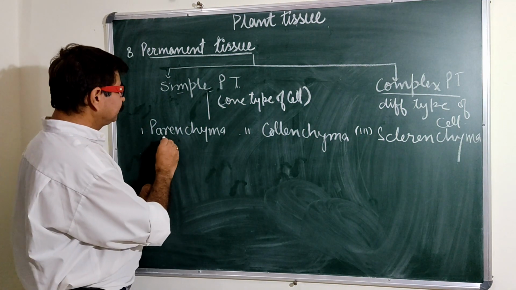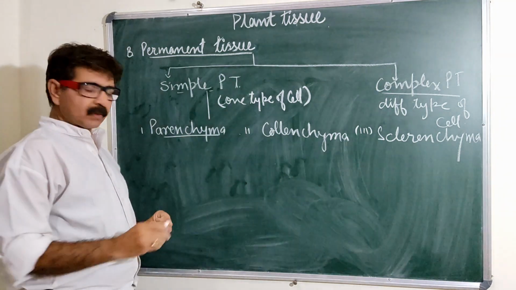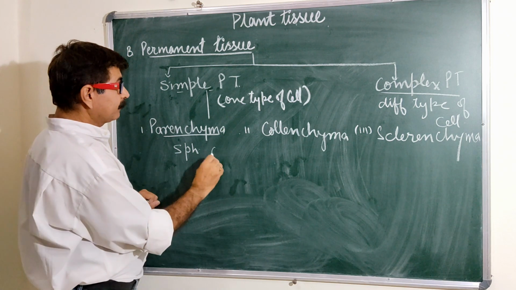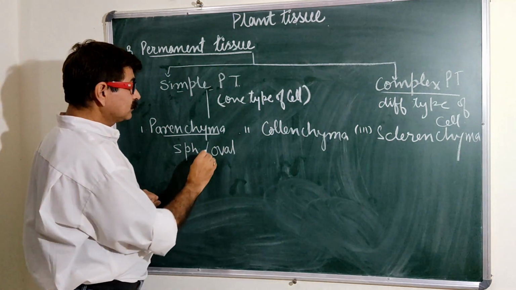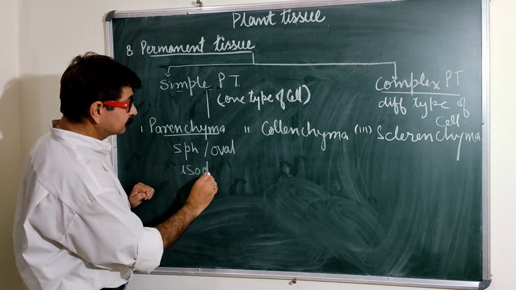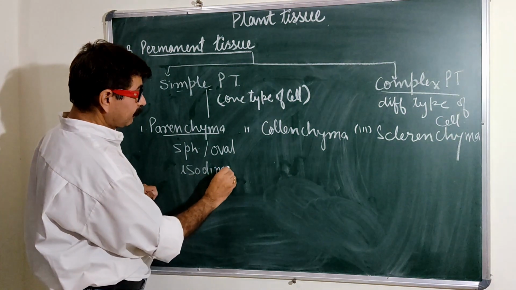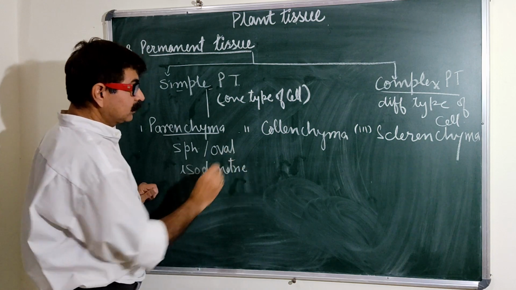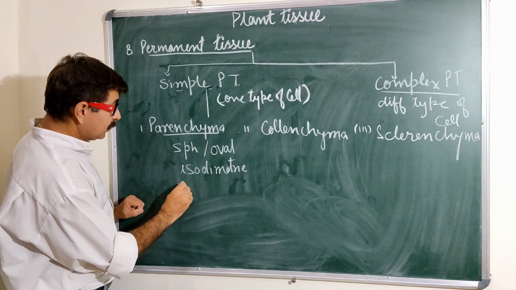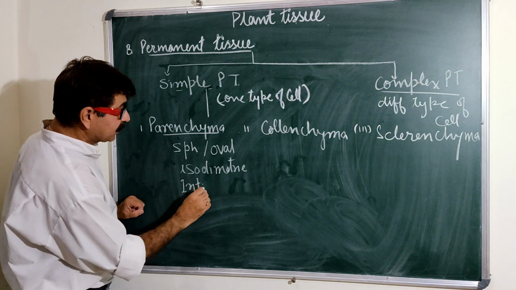Parenchyma cells are spherical or oval in shape, isodiametric, same kind. They have intercellular space.